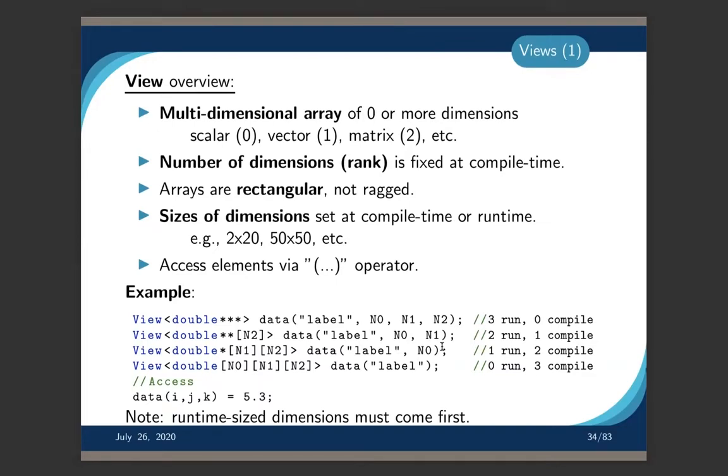It's not actually a legal type. Runtime dimensions have to come first. We're probably going to give you an option in Kokkos 4.0 next year which doesn't do that, because it has a different way of defining ranks, which is the way the MD-span proposal for the C++ standard does it. And when you access it, like in Fortran, you just write IJK.